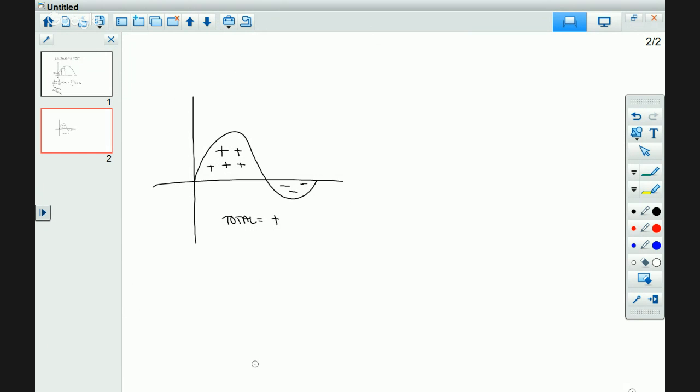Remember what absolute value does? I do this.